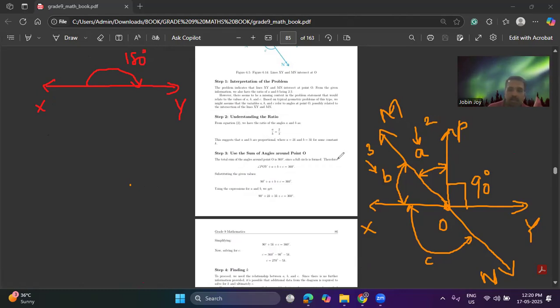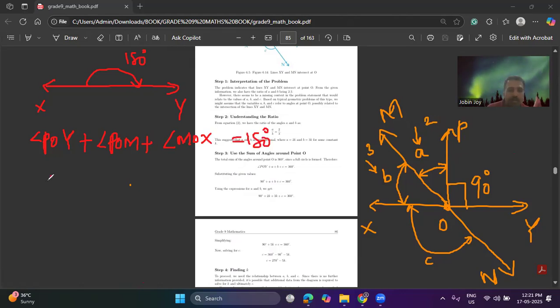Here you can see 3 different angles on the top of this line XOY. When you add all these 3 angles, it will be 180 degree, linear pair. So I can write angle POY plus angle POM plus angle MOX, that will be equal to 180 degree.